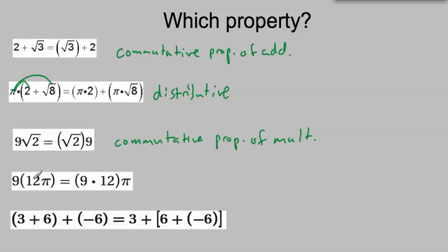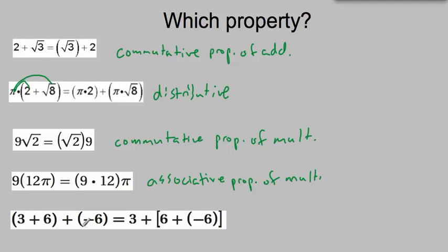Here it's 12 times pi times 9. Here it's 9 times 12 times pi. This is the associative property of multiplication.